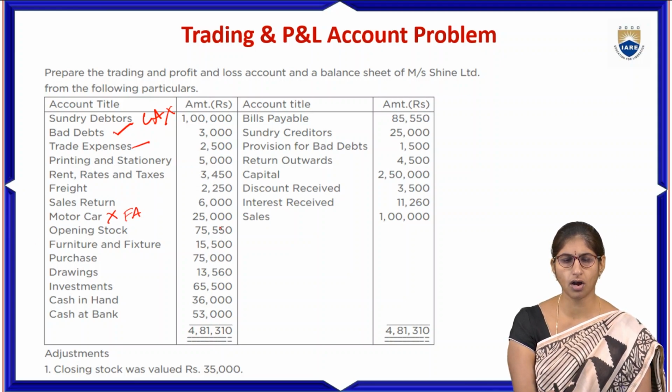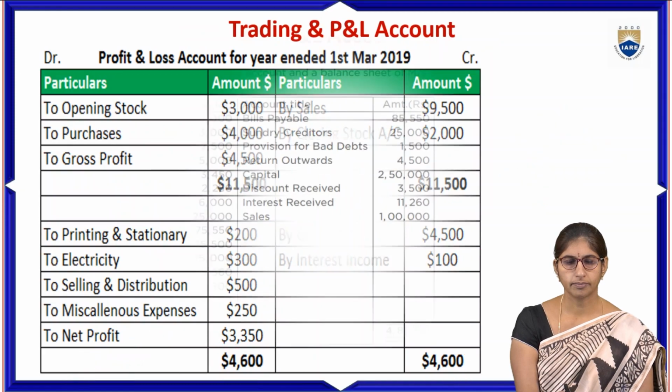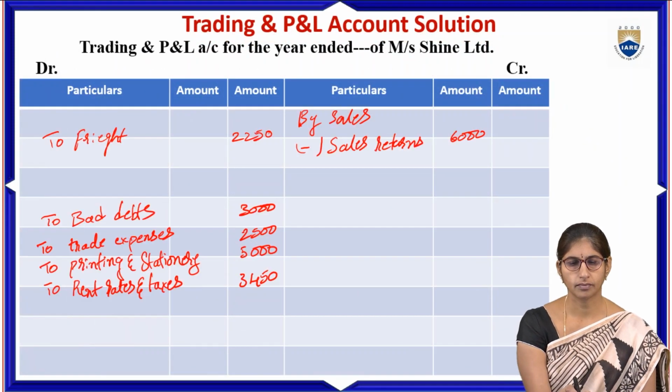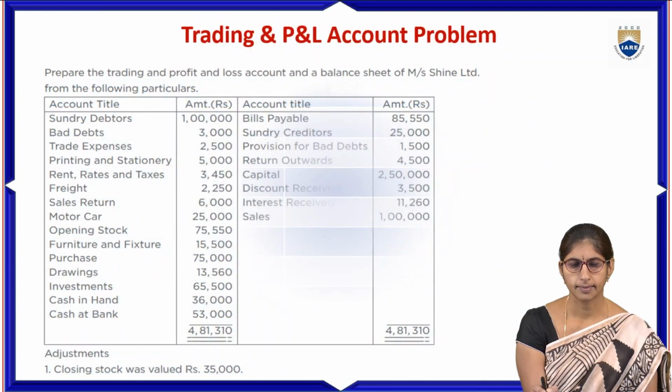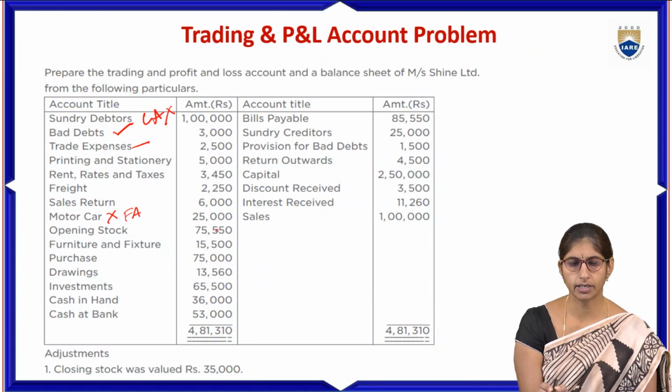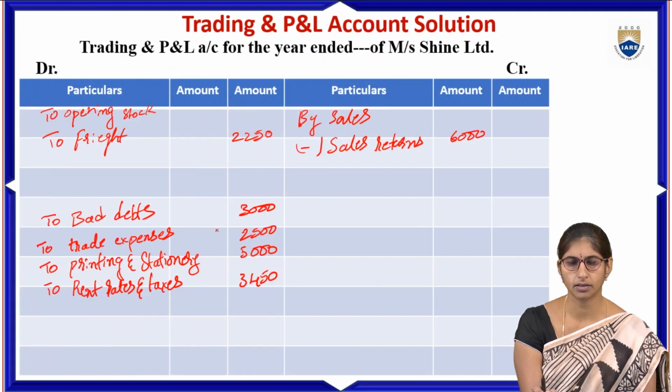Now opening stock, which we have to record in the trading account, the first item of the trading account debit side, to opening stock, $75,550.